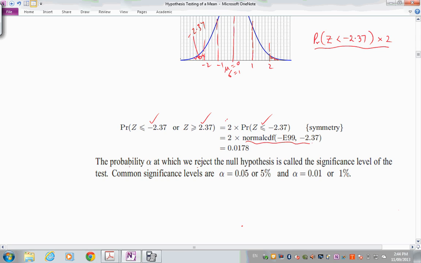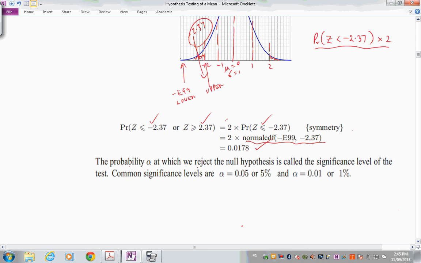Then you do it on the calculator. Remember, let's do this here. That'll be negative e 99 for the lower, somewhere way off to the left. And here, upper will be negative 2.37 and sigma 1, mu of 0 on the Casio. And it's that, 0.0178.